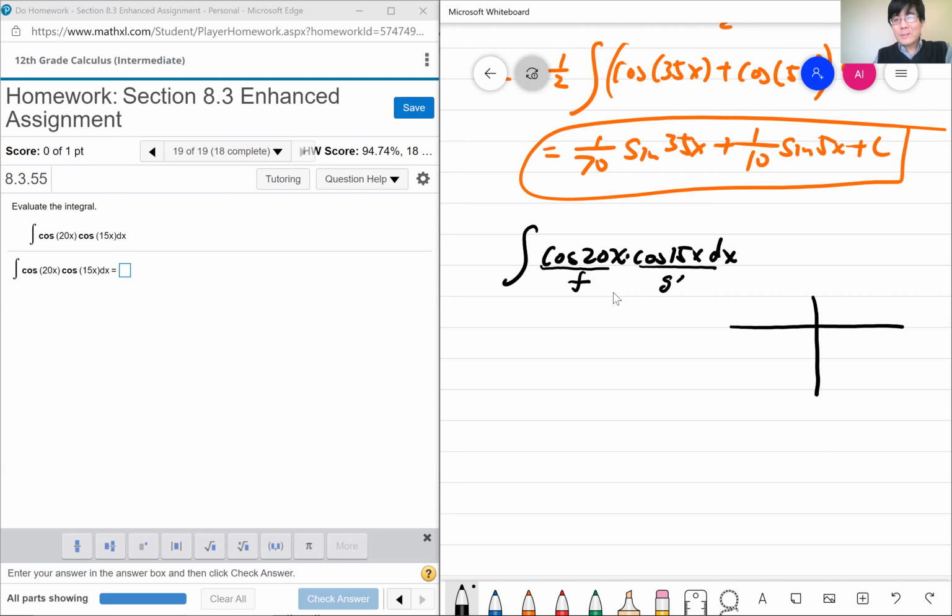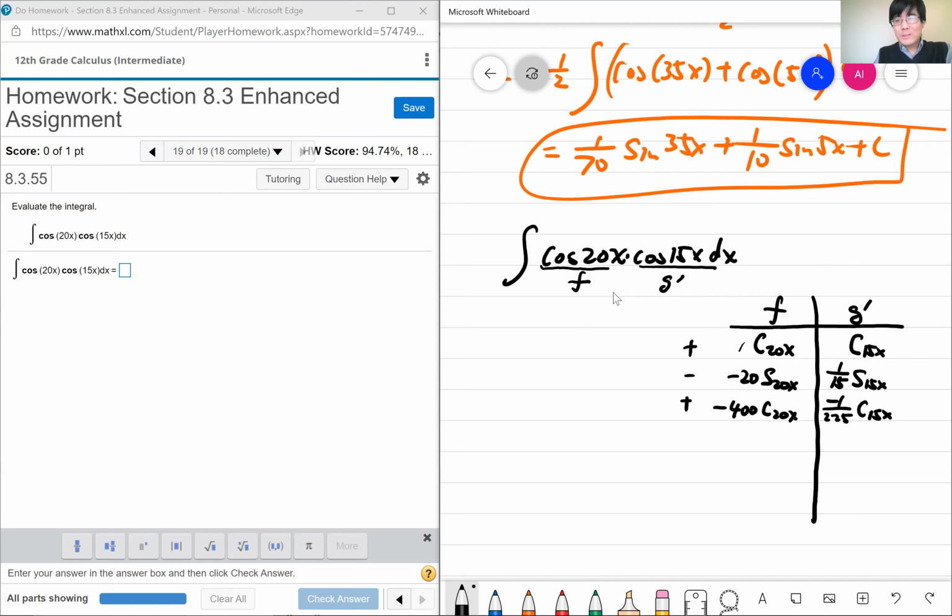Then let's use integration by parts technique. So this is cosine of 20x, and this is cosine of 15x. So differentiate twice, you want to get negative 20 sine 20x. Differentiate again, you want to get negative 400 cosine 20x. Integrate, you're going to get 1/15 sine 15x. Integrate again, you're going to get negative 1/225 cosine 15x.